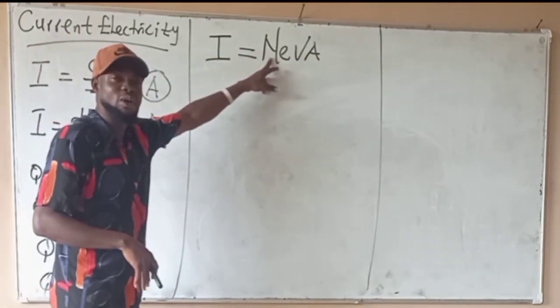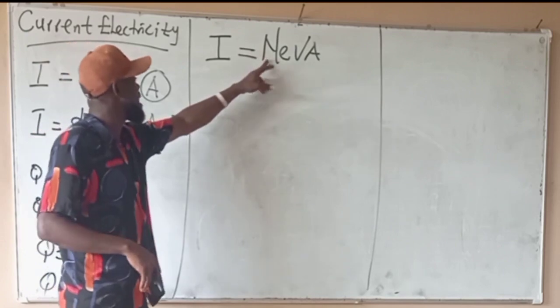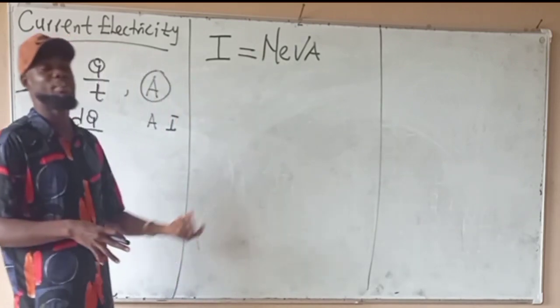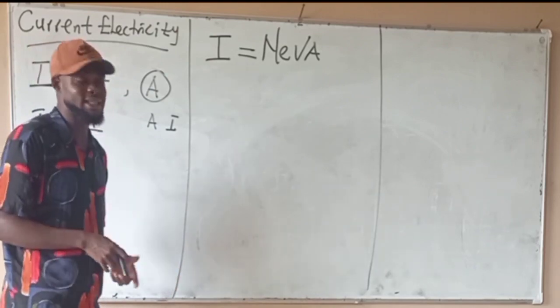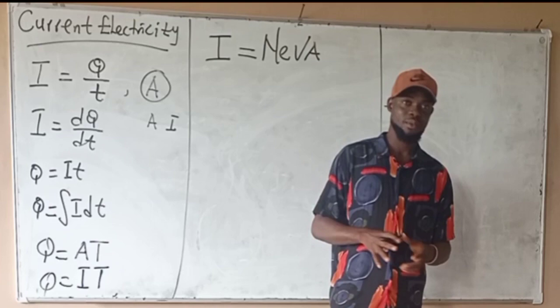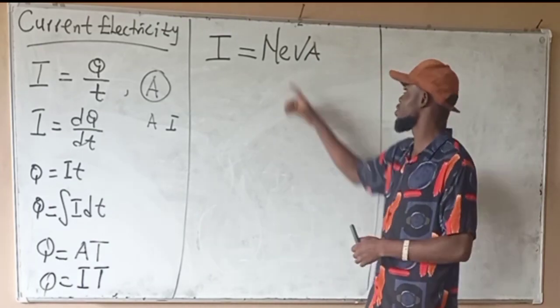Where N is the number of free electrons per meter cube.